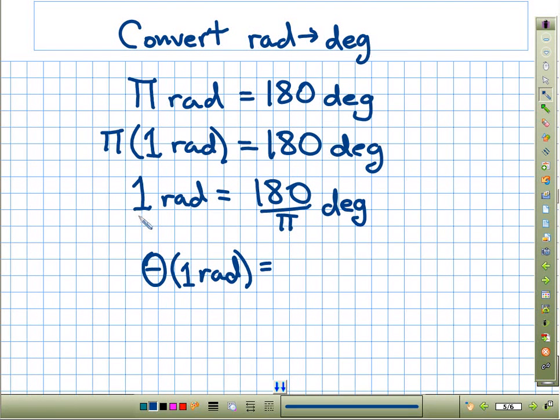All you're doing is multiplying both sides by theta. What I'm doing is taking this, 1 radian equals 180 over pi, and I'm just doing what I do with equations, multiplying both sides by theta. And when I do that, I get theta on this side and 180 over pi degrees.